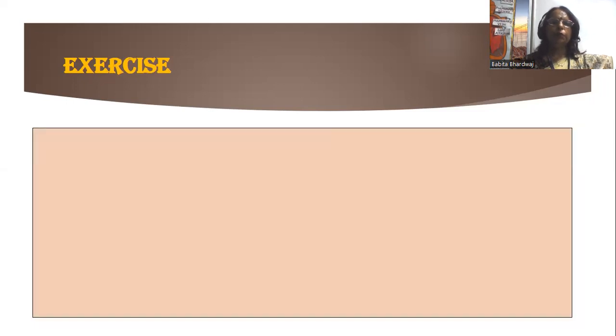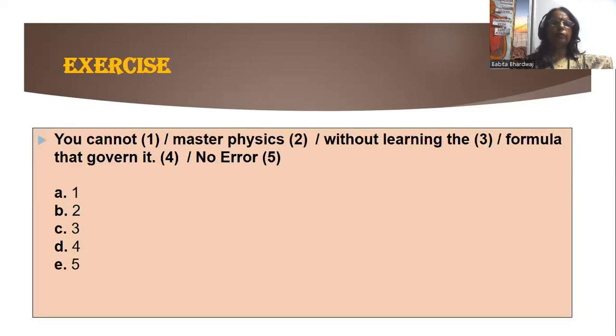Now, if we come to the next question, here you can see: you cannot master physics without learning the formula that govern it. Here again, you cannot master physics. Physics is one subject, without learning the formula that govern it.